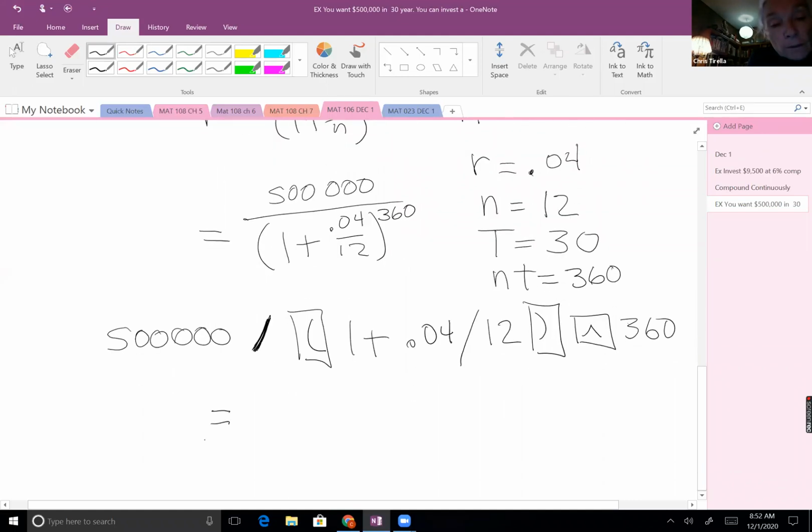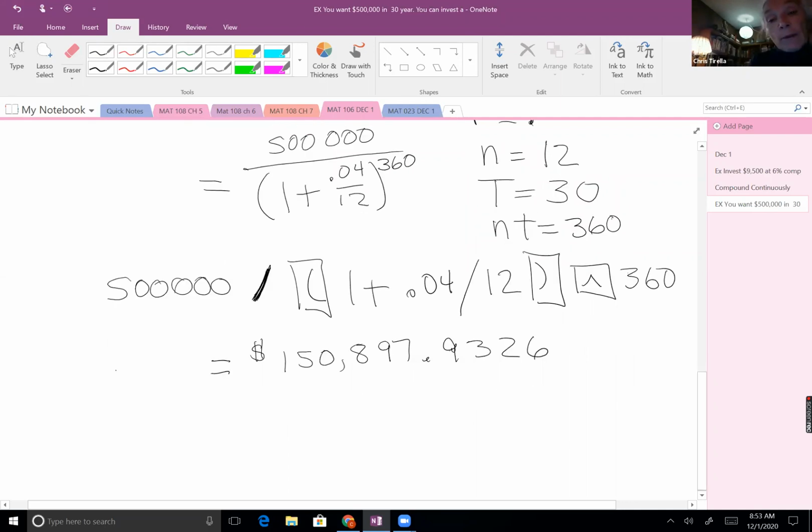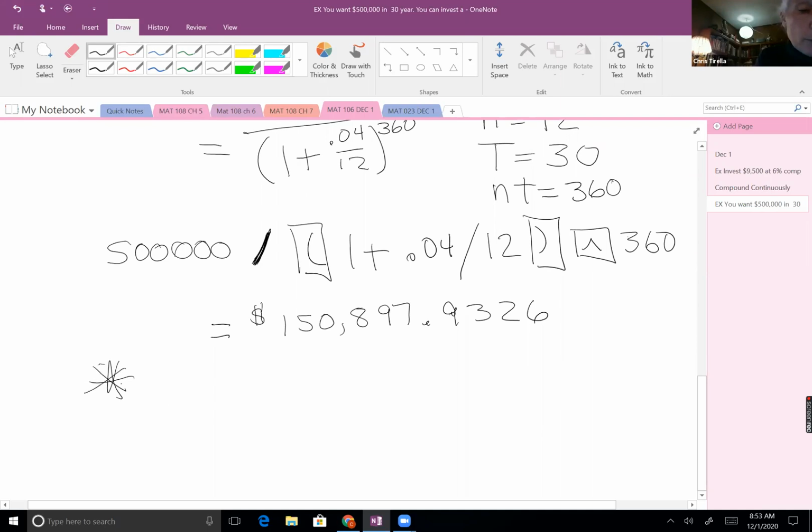And is anybody else getting that we'd need 150,897.9326? And then we have to add something important here. When you solve for P, you're always going to round up.